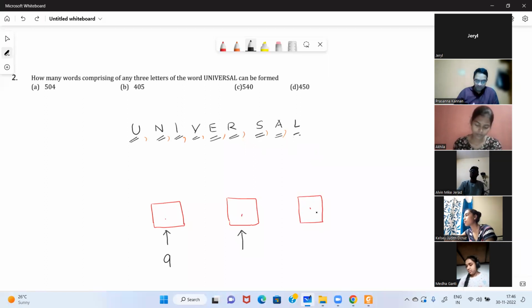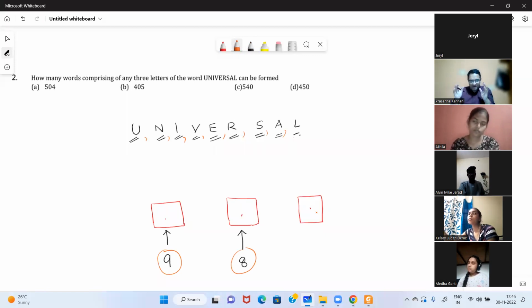So now you can fill the first place in any one of the 9 ways. Once you fill the first place, how many options are there for you in the next place? 8, correct? Now one of these remaining 8 letters we are using for the second place.